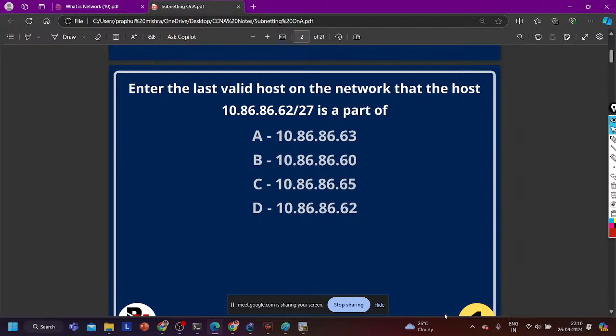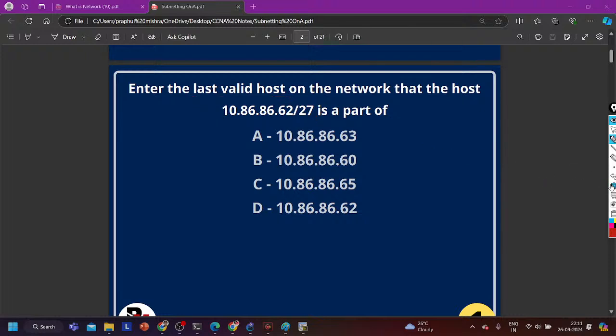Yes. See the question. Enter the last valid host IP address on the network that the host 10.86.86.62/27 is a part of. Means this is a valid IP address. First you have to find the network ID of this IP address and then the last IP address of that network.